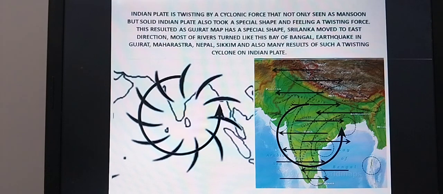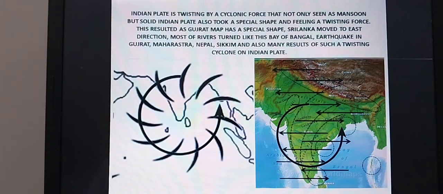So friends, you can clearly understand that the birth of India is not by breaking from Antarctica, Australia, Madagascar and Africa, and moving of India to the north and collision of the Indian plate with the Asian plate, the Tibetan plate. This is wrong thinking about the birth of India. I am presenting a new idea of the birth of India.